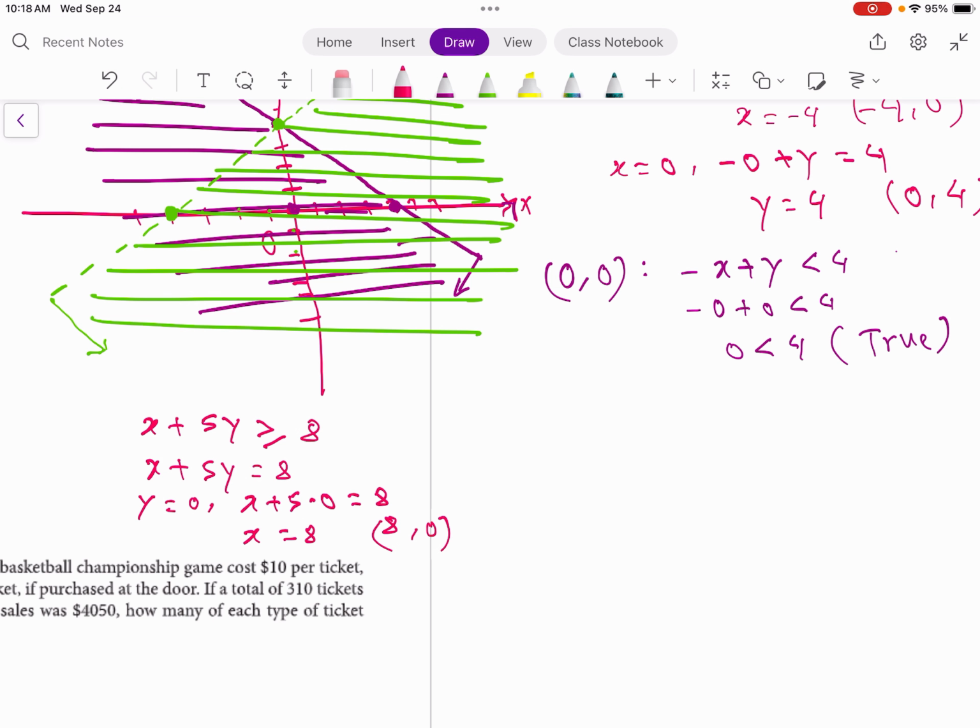To find y-intercept, you replace x by 0. We get 0 plus 5y equals to 8. 5y equals to 8. y equals to 8 divided by 5. And what is that? 1.6. So 0, 1.6 is another point.